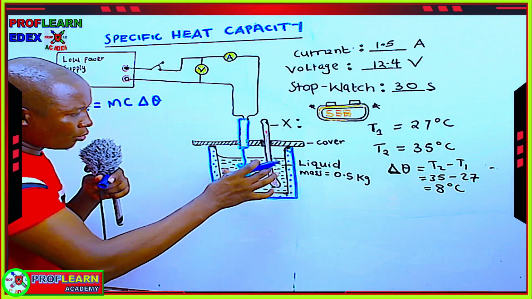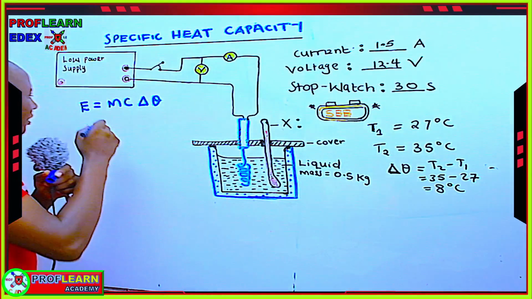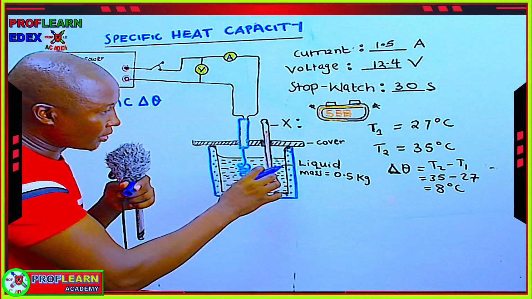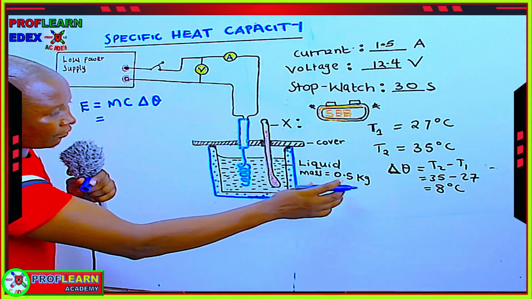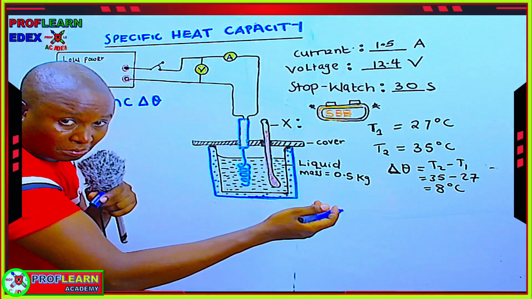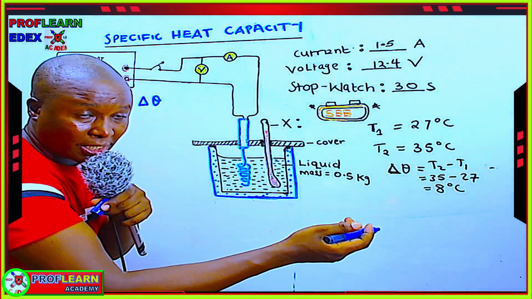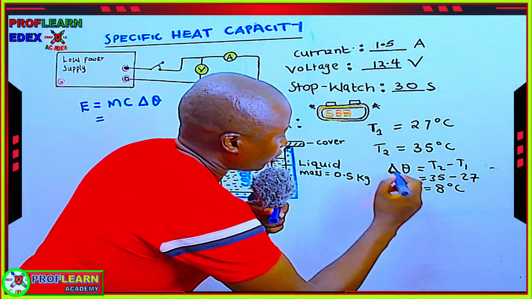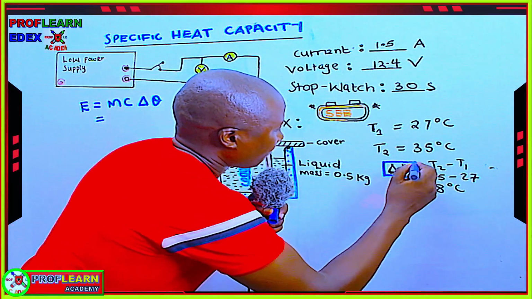So the amount of heat absorbed by this water is the mass of the liquid times the specific heat capacity of the liquid times the temperature change.